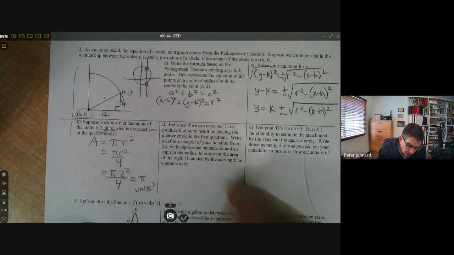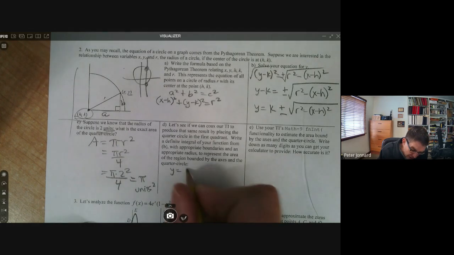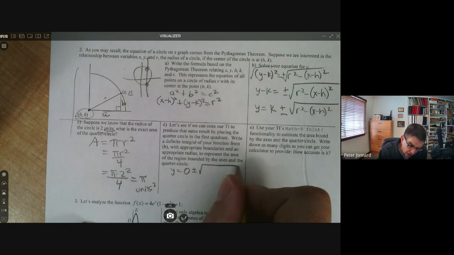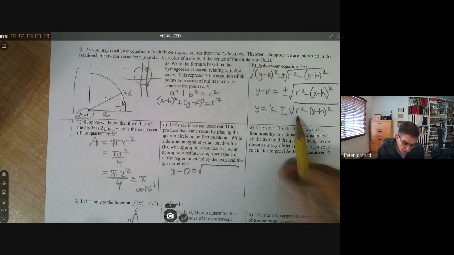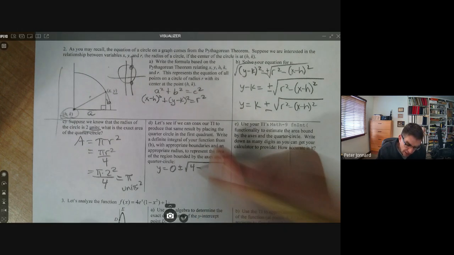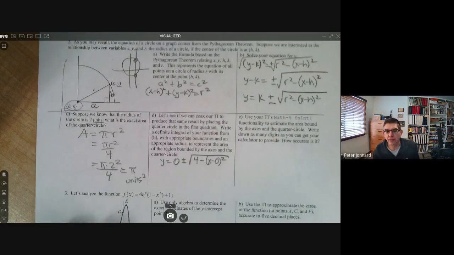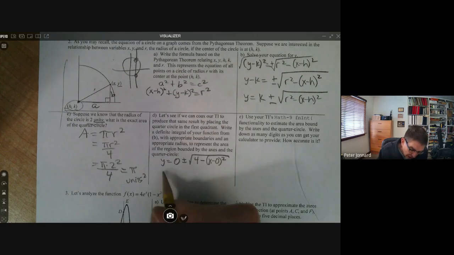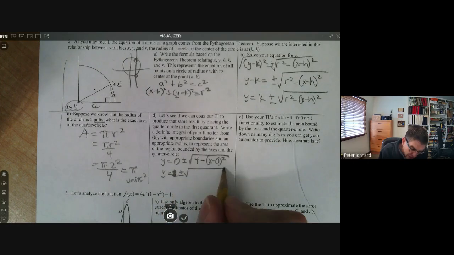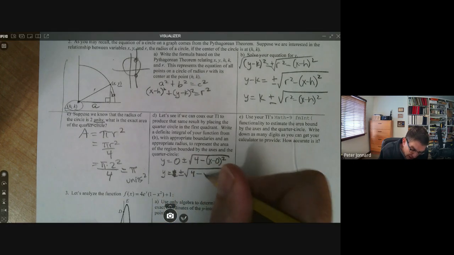So that would simplify things quite a bit. I'd have y is equal to 0 plus or minus the square root of, well, we said the radius was 2. So that would be 4 minus x minus 0 squared, which is way more writing than I really need to do. If I do that, I get y is plus or minus, okay, let me rewrite that, plus or minus the square root of 4 minus x squared.